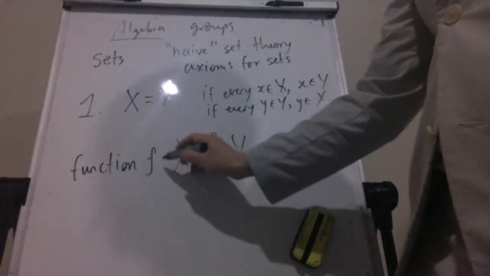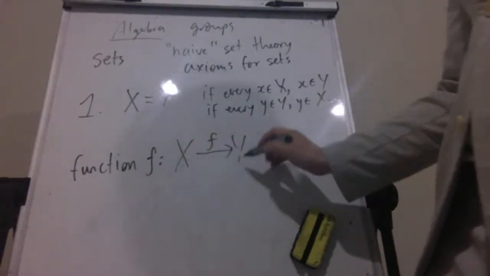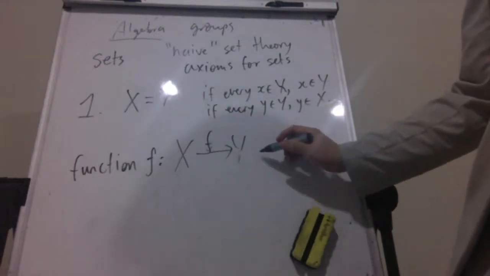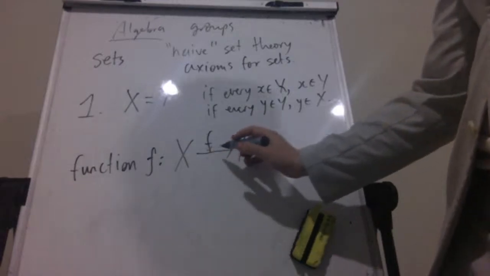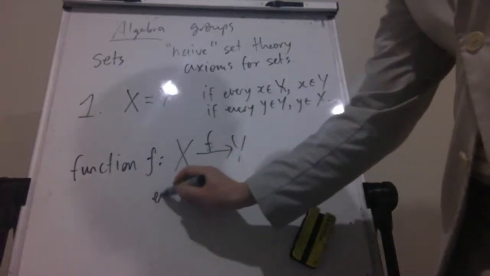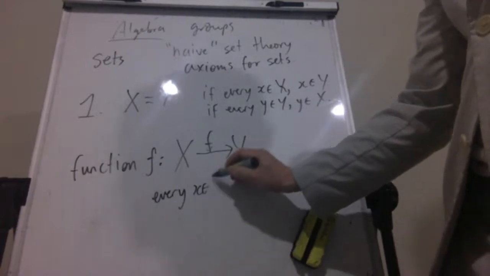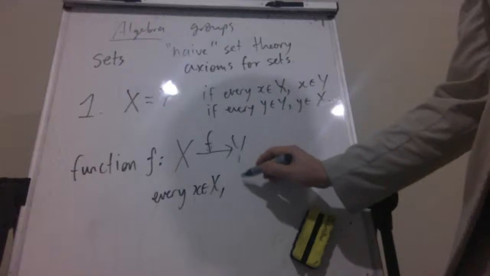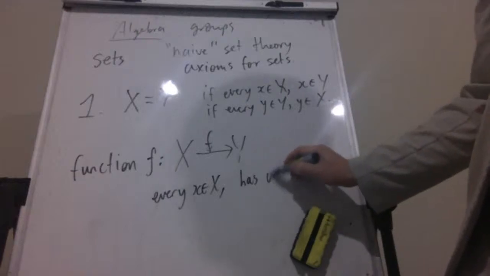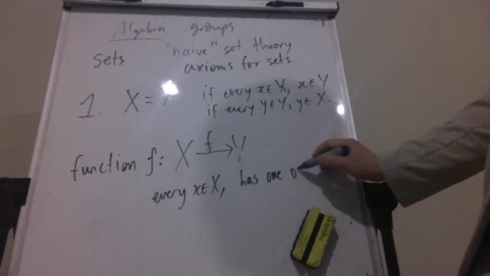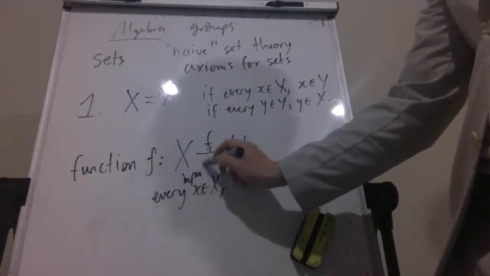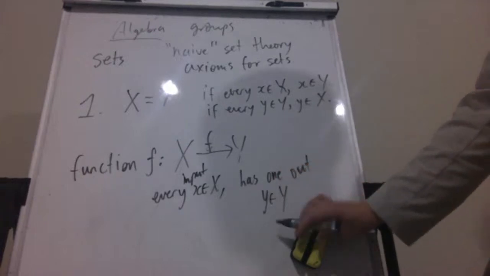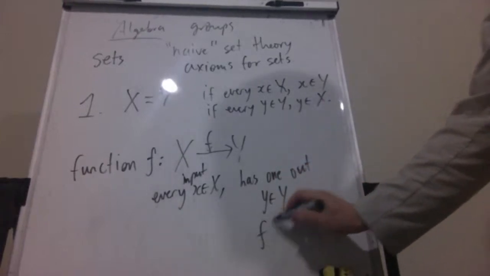The function f, from x to y, has the condition that every x in x is assigned something. We call this the input, and it has one output y in y, which we call f of x.